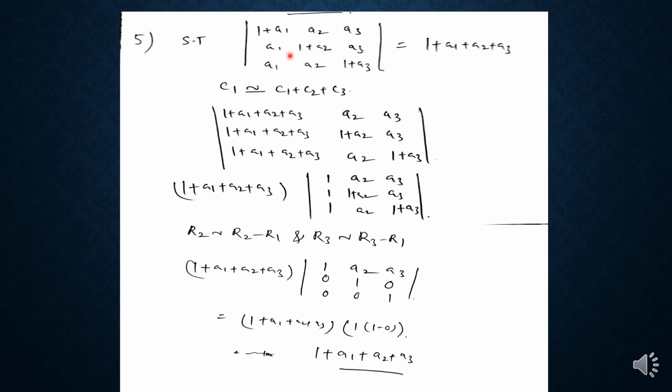Here a1 plus 1 plus a2 plus a3, a1 plus a2 plus 1 plus a3. So this is 1 plus a1 plus a2 plus a3 in each row. The second column is a2, 1 plus a2, a2. The third column is a3, a3, 1 plus a3.